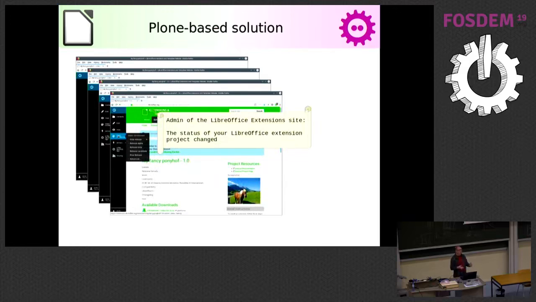What you get as a developer is exactly this message. You get it from the admin of the LibreOffice extension site, the status has changed. And you get it again if it is not accepted. So you do not know why things are not working in a way that you expected.